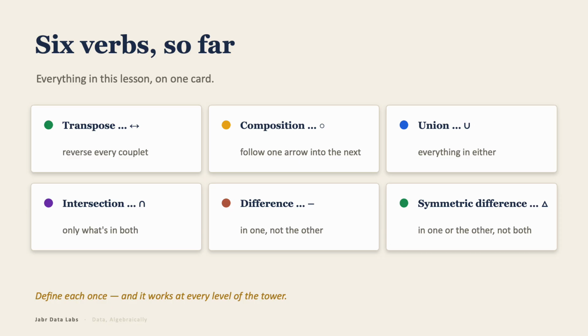And the four set operations: union, intersection, difference, and symmetric difference. If you are not familiar with symmetric difference, it refers to the items that are in one set or the other, but not both. That's 6 verbs, each defined once, each with clean algebraic properties, each working identically whether you point it at a relation, a clan, or an entire database.